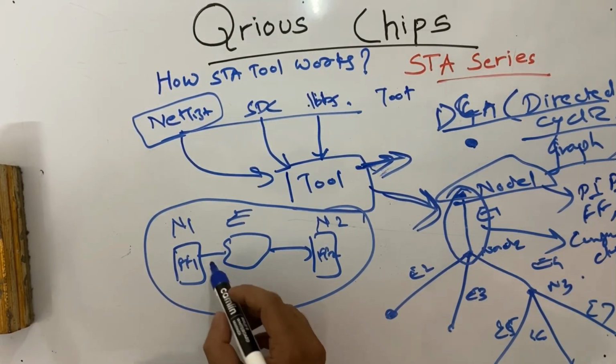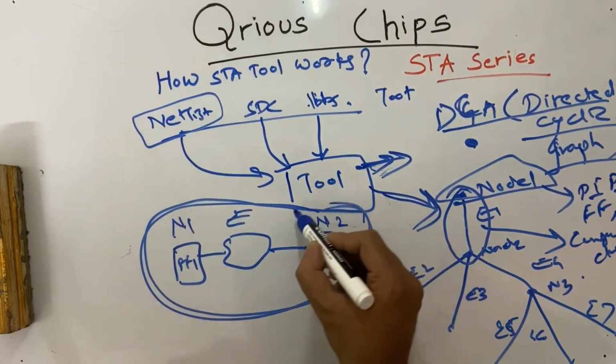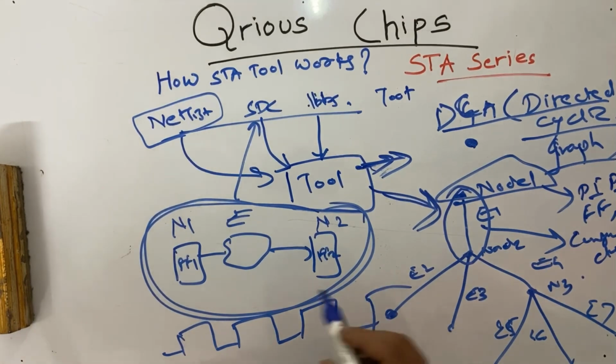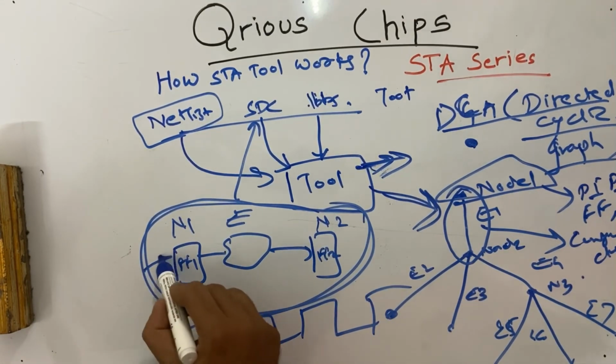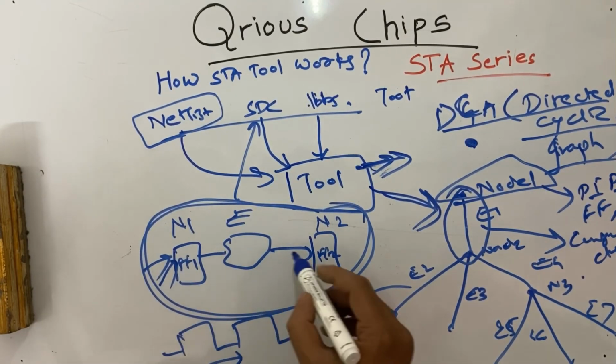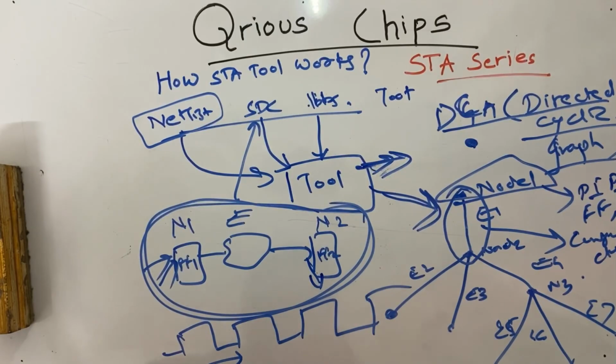On this the tool tries to apply the constraints. So what is the clock frequency? So we get the period from where the data should be launched and where the data should be captured, like this.